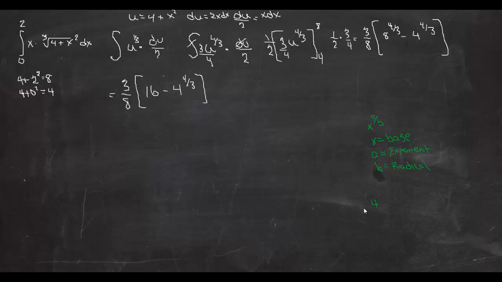So it's going to be the base of everything, so we're going to put it inside. Then we have a as our exponent, which is 4. So we're going to put that to the 4th power. And then we have b as our radical, which is 3. So that's the cube root of 4 to the 4th. And to think about how we're going to rewrite it, you have 4 to the 4th power.